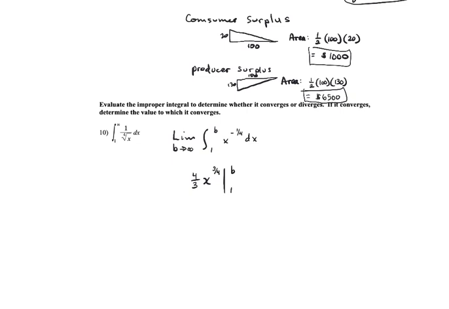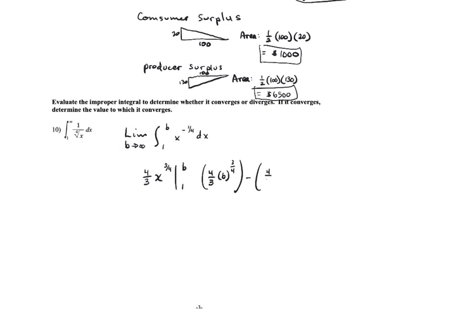The antiderivative at the upper bound is 4/3 times b to the 3/4. Then we subtract the antiderivative at the lower bound, which is 4/3 times 1 to the 3/4. Here 1 to the 3/4 power is 1. 1 times 4/3 is 4/3.